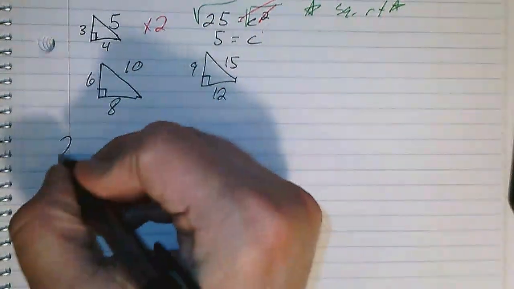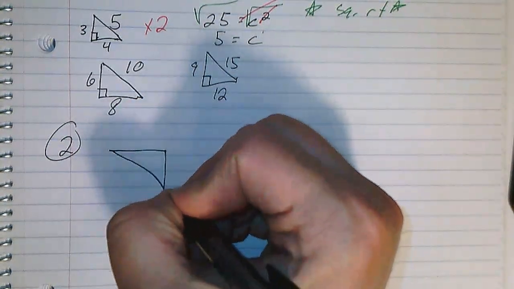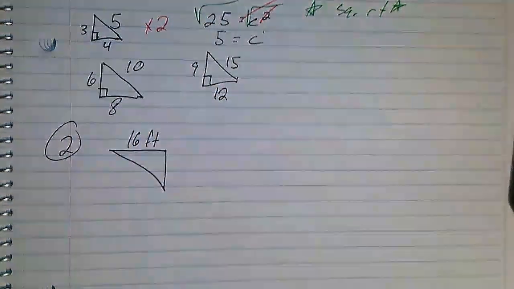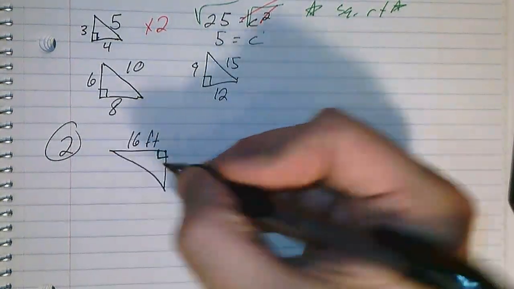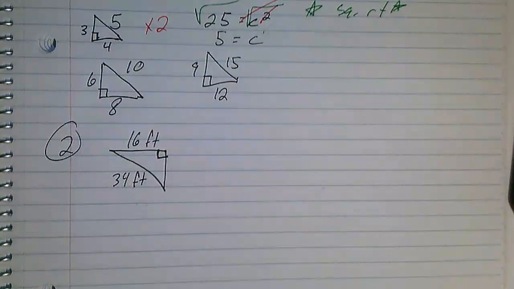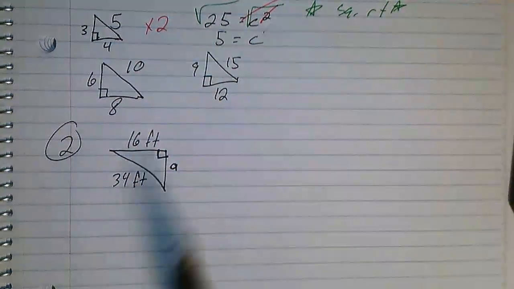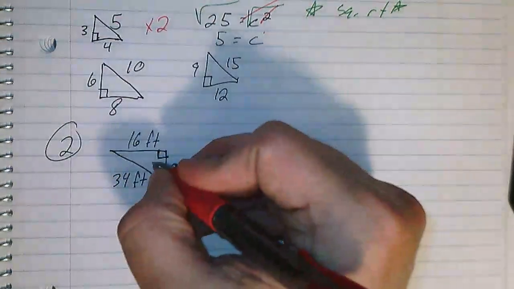I'll show you one more. Well, I guess 2 more. One is like this. And the problem I saw had dimensions on it. So 16 feet there. Here's our right angle. So our hypotenuse is given to us of 34 feet. And the problem I saw, it labeled the missing leg as A. So again, draw this arrow if it helps.